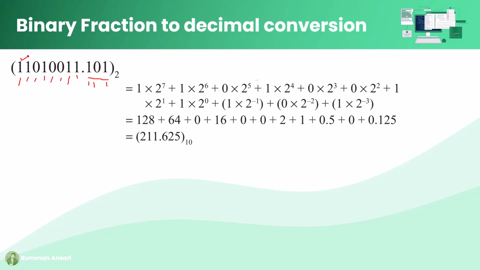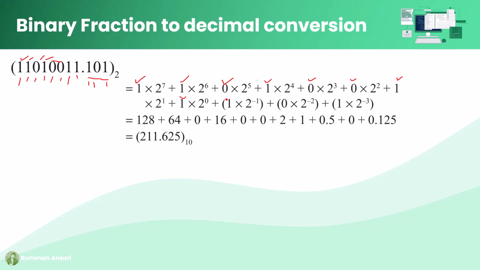So for this one we have this one, for this particular one we have this one, for this 0 we have this 0, after that we have a 1, then 0, then 1 and 1, and after the point you can see 1 0 1.